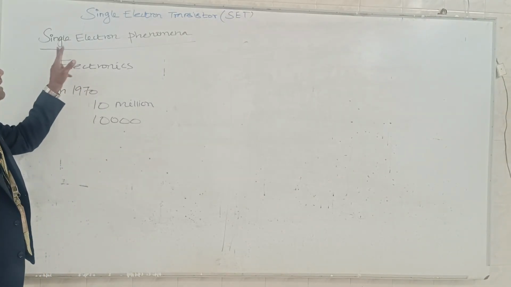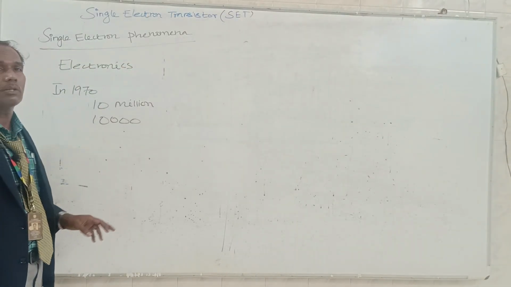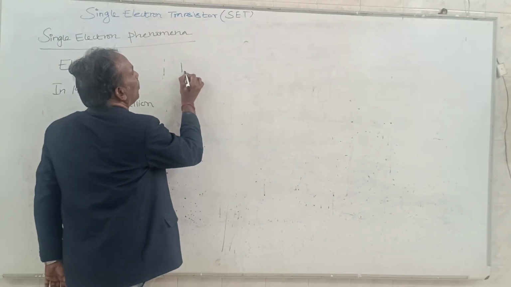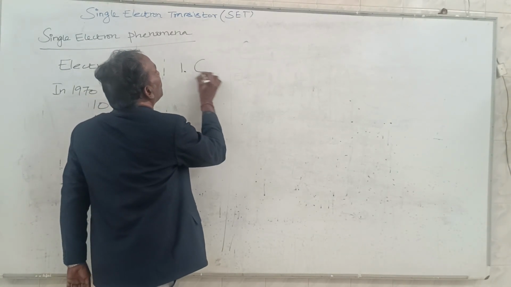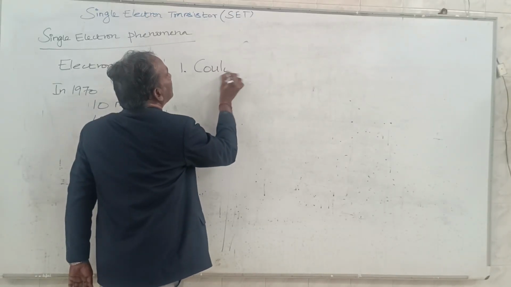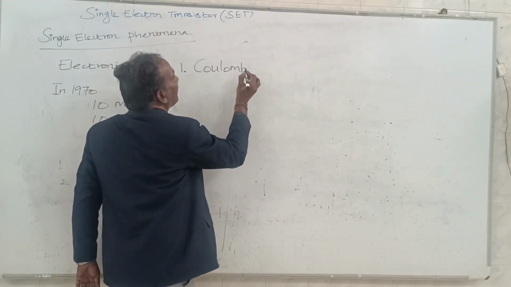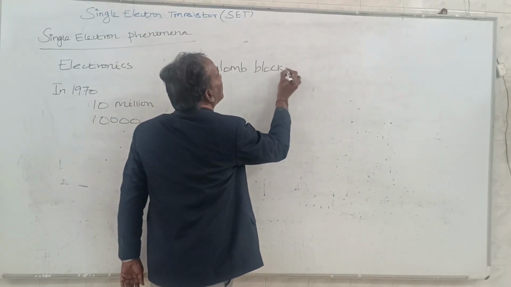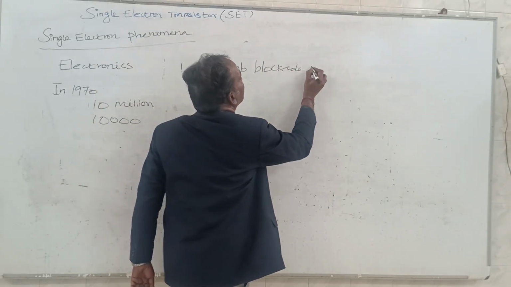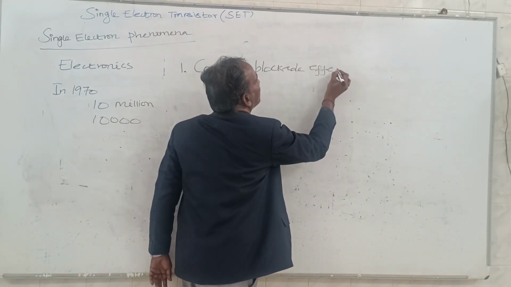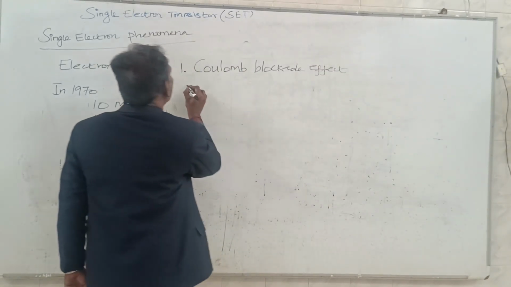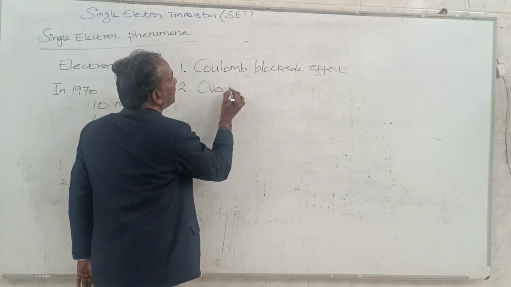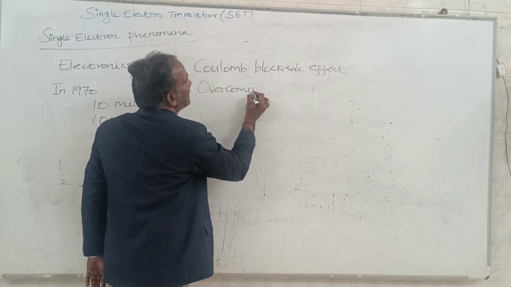To achieve the single electron phenomenon, there are two things to be maintained. One is the Coulomb blockade effect. The second one is overcoming uncertainty.